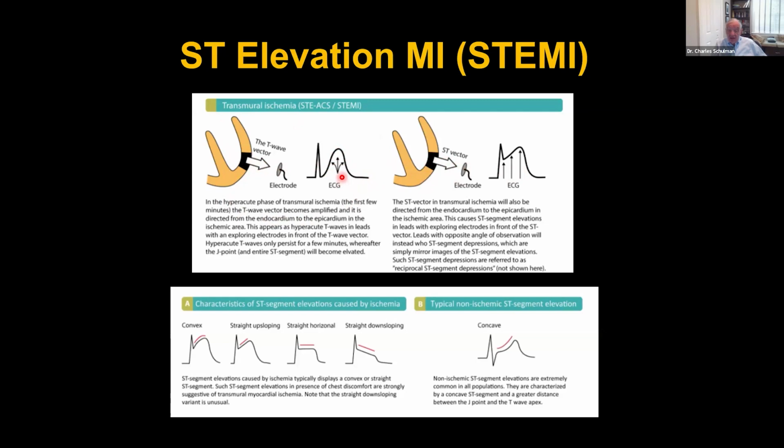So remember that vectors that travel toward the electrode will be positive. Vectors that travel away from the electrode will be negative. And so here you have a positive ST segment.